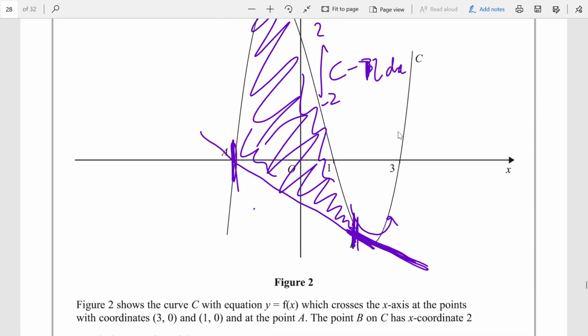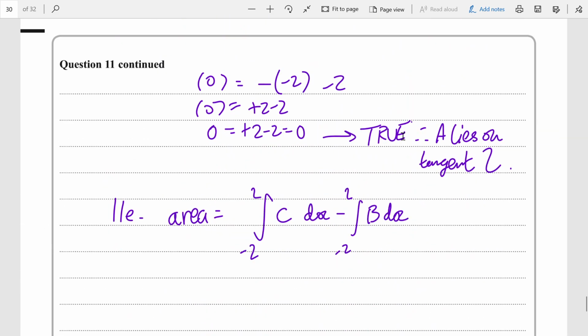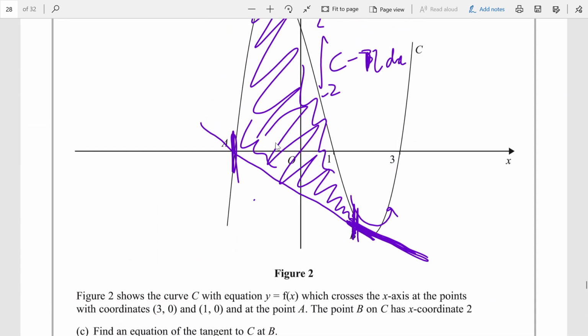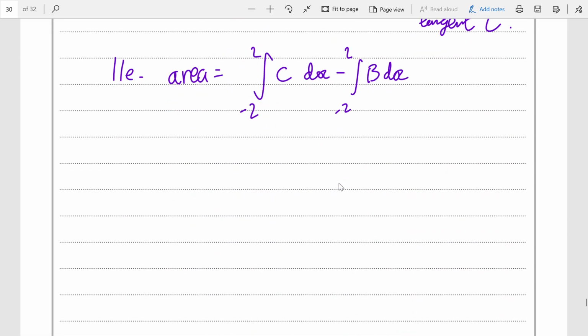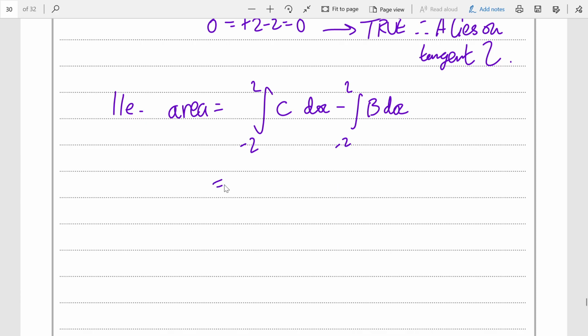And that ultimately will give us our distance in between the two curves. We'll be adding up the infinite rectangles in between these two curves, between those two points. So this will be equal to the definite integral from negative 2 to 2 of C minus B dx.